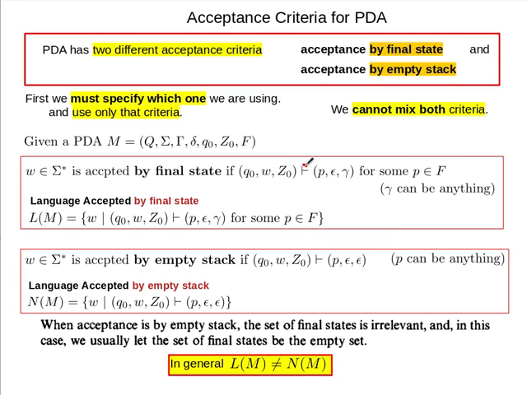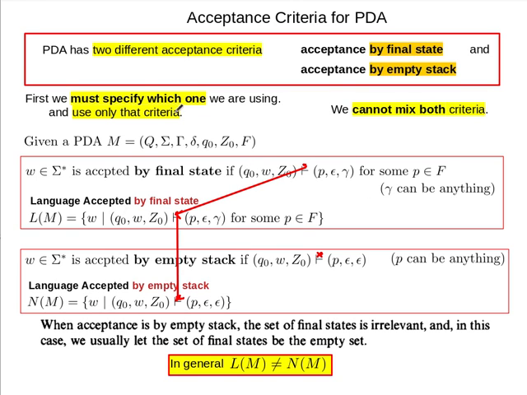This is star, this is star again, and these are all star. So these are multiple step processes.